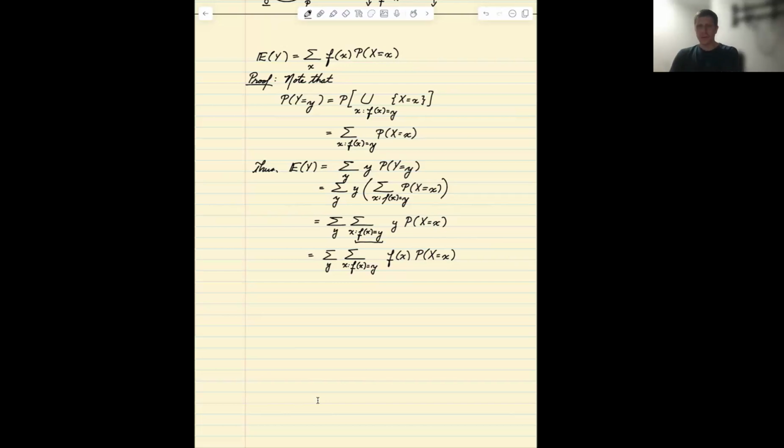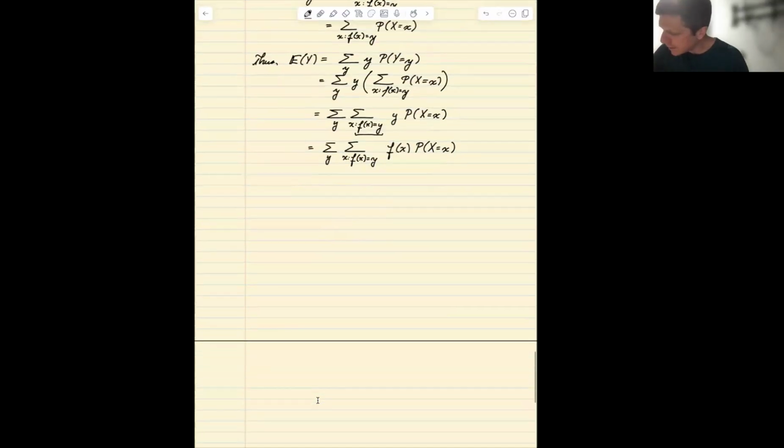But now this sum here is just a sum over all possible x. Right? Because we have all possible values of y, and then we're subsetting the x's according to which y they map to. But if we take it over all y, this just becomes the union over all x. So this is the sum over all x, f of x, probability that x is equal to x.